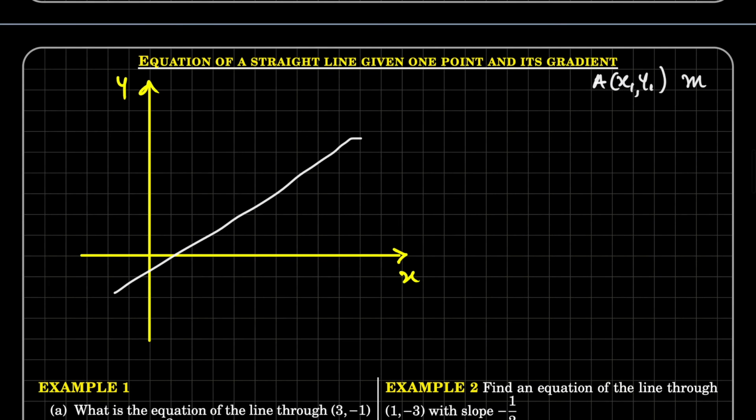So let's say we have another straight line like we used to, and on this straight line we have your x1, y1. Okay, so we have A, which is x1 and y1, and we have our slope to be m.